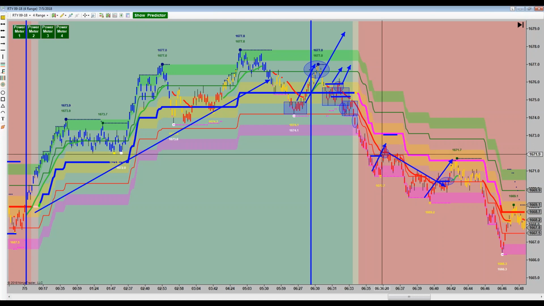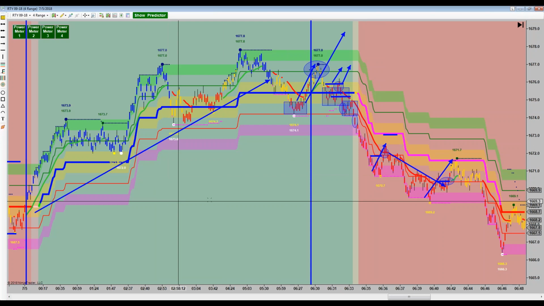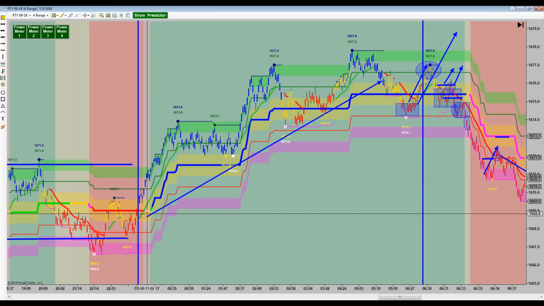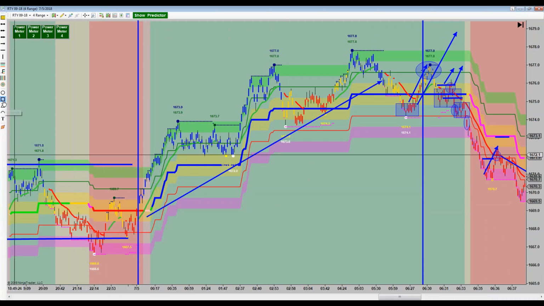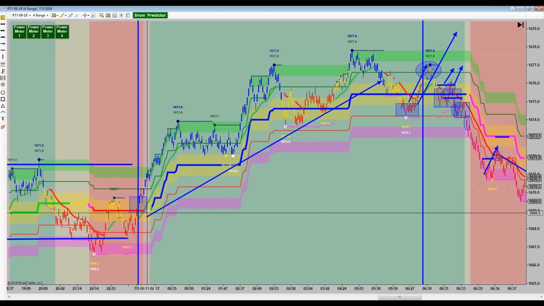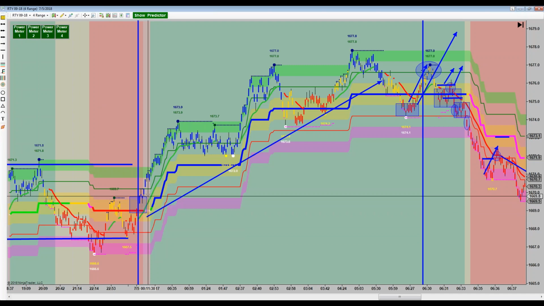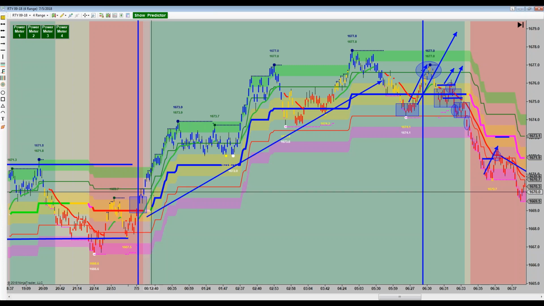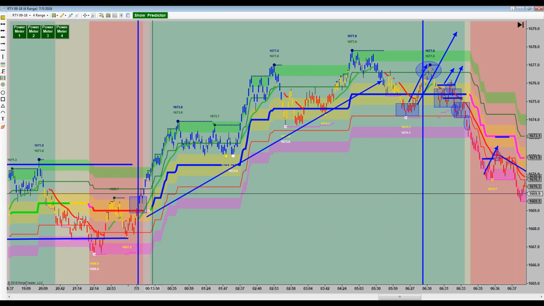So you're going to find this in moves both up and down. Here, let's look at some long examples to the left. Let's say hypothetically you were trading this and you got long from somewhere down in here. In the case of the long trade, you're using a combination of line 6 and the green stealth.